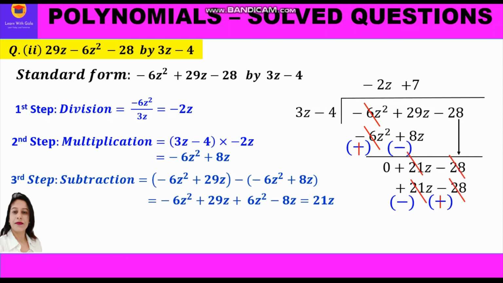Plus will become minus, minus will become plus. Now 21z minus 21z will cancel with each other. Similarly, minus 28 and plus 28 will cancel with each other, and we will be left with 0 as remainder. So over here the quotient is minus 2z plus 7 and the remainder is 0.